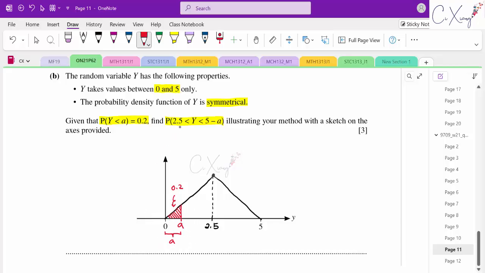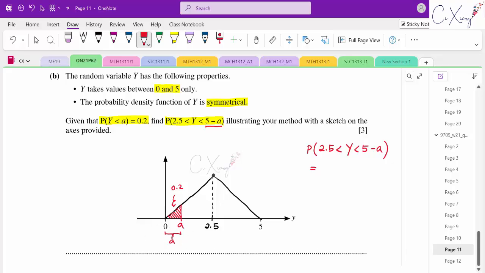How can I find out the probability of y between 2.5 and 5 minus a? Let's look at 5 minus a first. This looks a bit hard to understand, right? 5 minus a means you are taking the number 5 minus a. What is the distance of a? It looks like this.